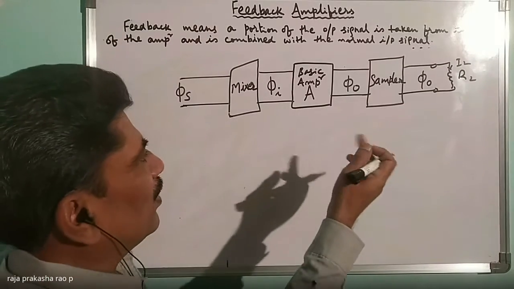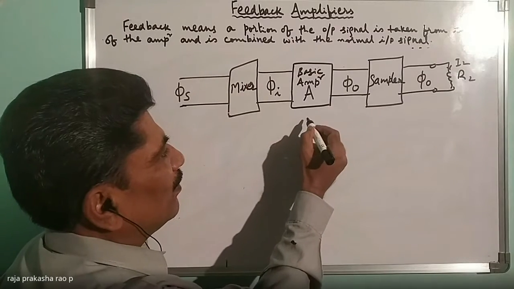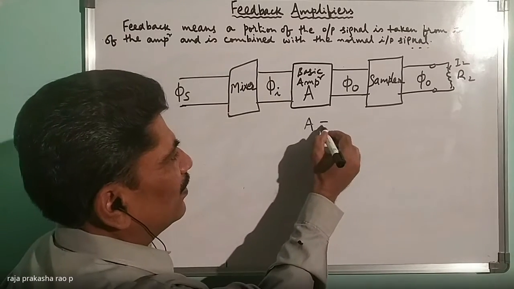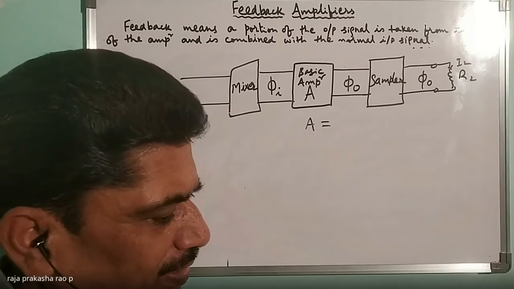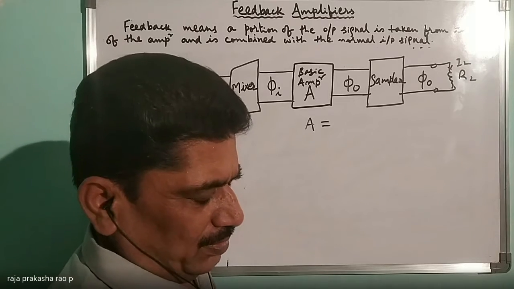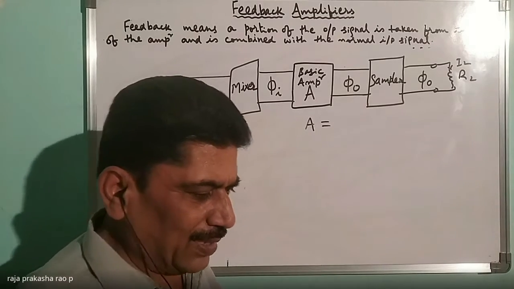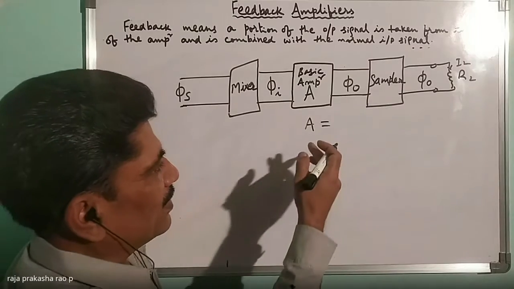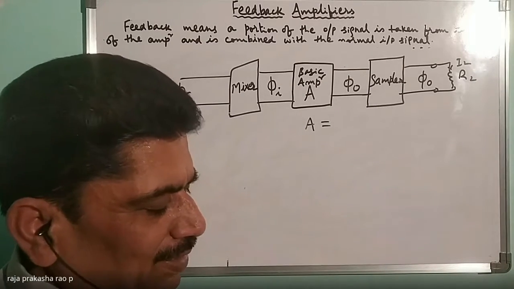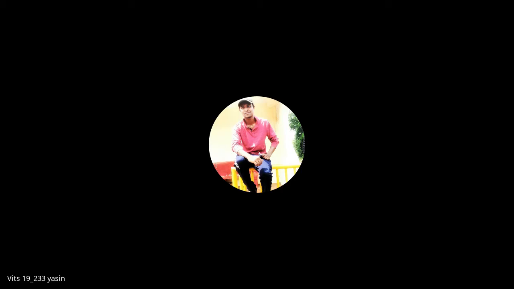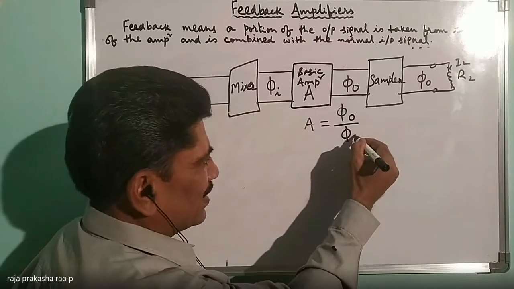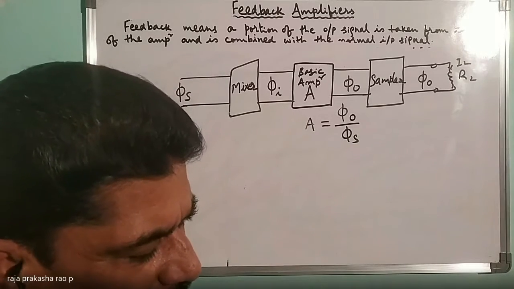So the output will be what now? You tell me, what is A now? We have discussed voltage gain for about 18 classes. A is equal to what? Voltage gain, sir. A is equal to φ0 by φS. I want that.